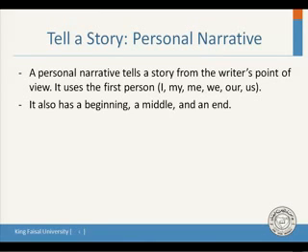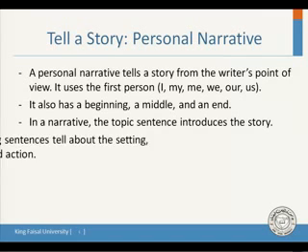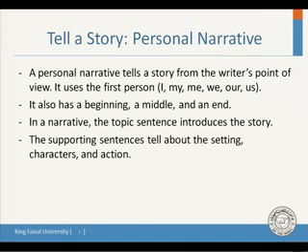The personal narrative has a beginning, a middle, and an end, like the example we studied in lecture 7. In a narrative or a personal narrative, the topic sentence introduces the story. The topic sentence is the first sentence. After that, we have supporting sentences. And the supporting sentences tell us about what?